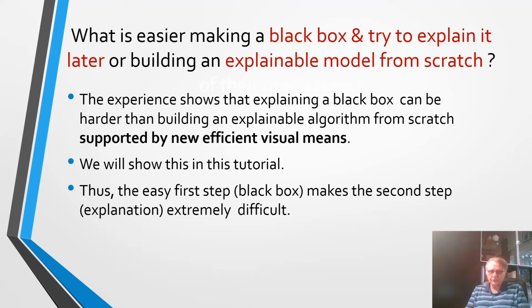So we can actually reverse that situation, that building an explainable model is extremely difficult. So there is a way to do this in a reasonable way. Thus, the easy first step, the black box, makes the second step, explanation, extremely difficult.